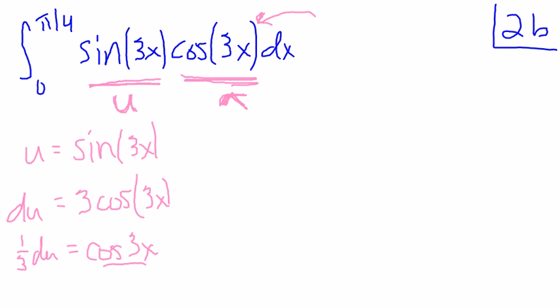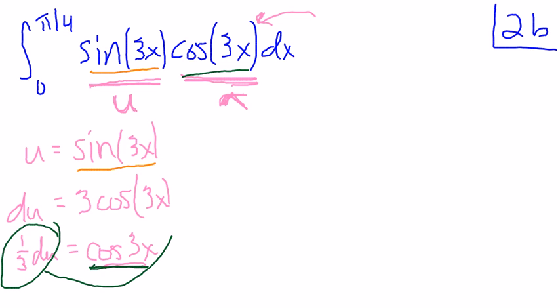Now, notice that this shows up here, and then this shows up here. So I'm going to replace the cosine of 3x with that, and I'm going to replace the sine of 3x with that. So I'll go ahead and do that.